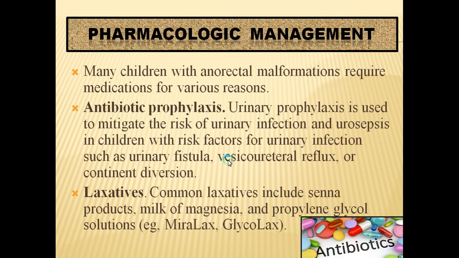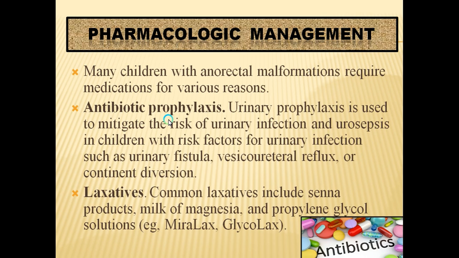Now in pharmacological management, antibiotics need to be given. If you remember my previous class, we studied that if the rectum is attached to the urethra, through a fistula like that, the urethra will have passage of both urine and stool.